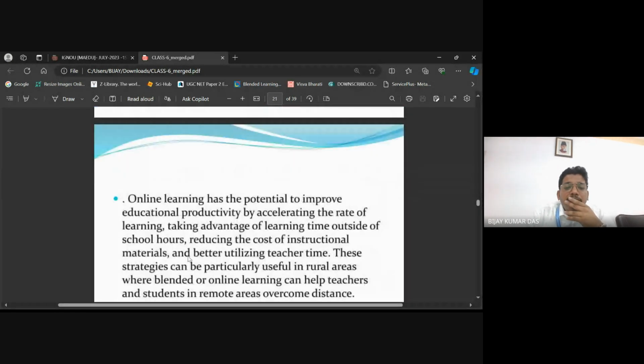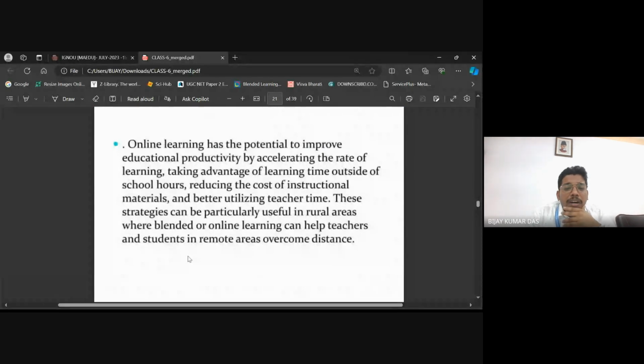And online learning has the potential to improve educational productivity. Definitely it is accelerating the rate of learning, isn't it? These strategies are saving our time and taking a larger number of advantages.